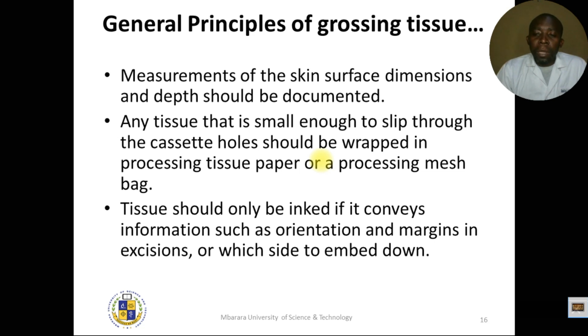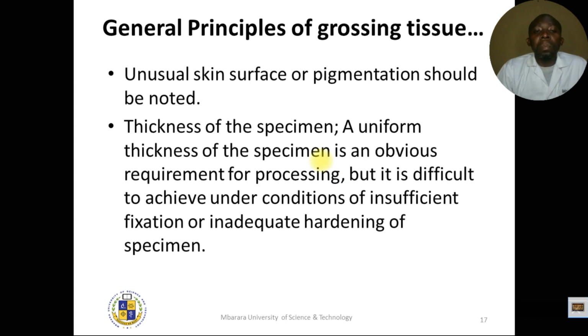Or we may label the margins to communicate to another person who will be involved in tissue processing and possibly in embedding and sectioning, to know that this is the margin and this is how the tissue should be oriented. So the ink should not just be put anywhere, but purposefully put to communicate something.